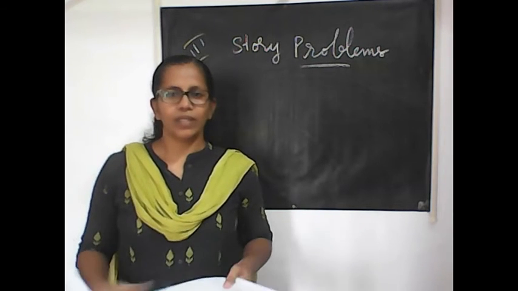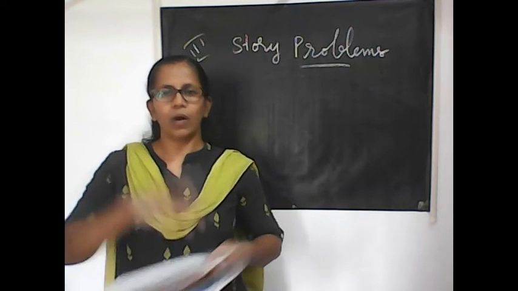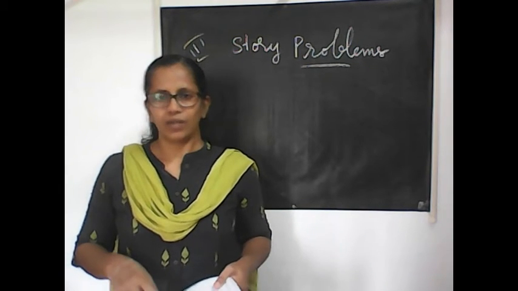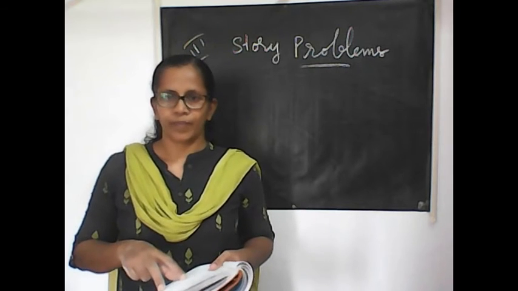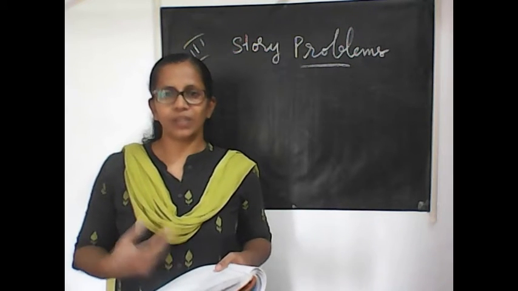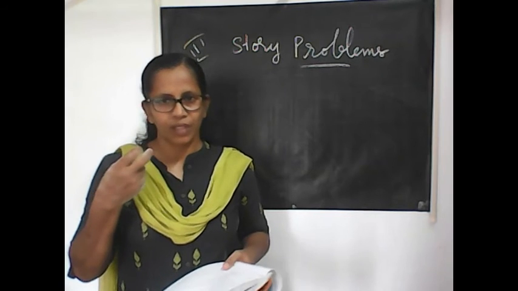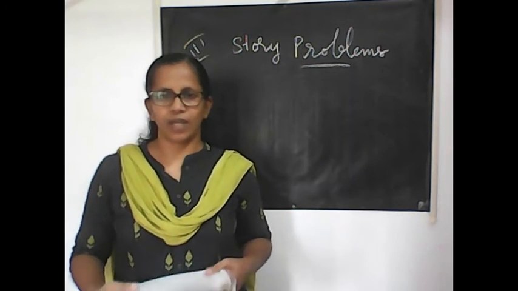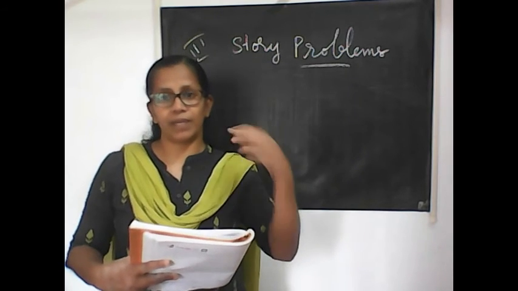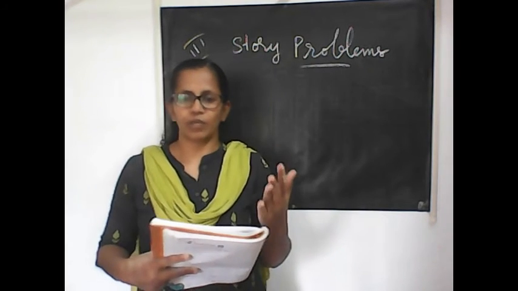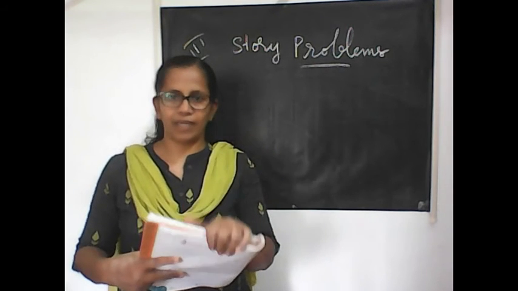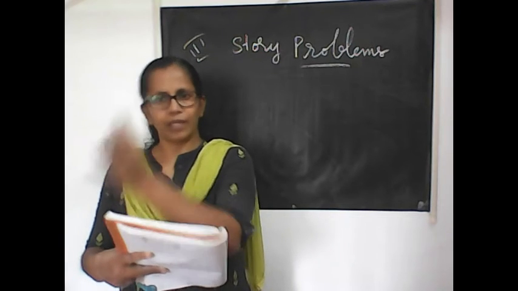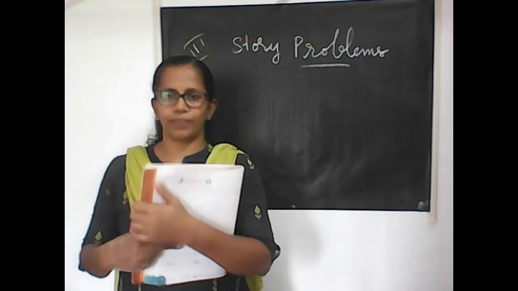In this question, always the total will be given: total number of students, total rupees. And you have to find out the number of floors, number of batches, questions like that. Compare with multiplication. In multiplication, the cost of 1 pen will be given, and you have to find the cost of 10 pens or 15 pens, a larger number.